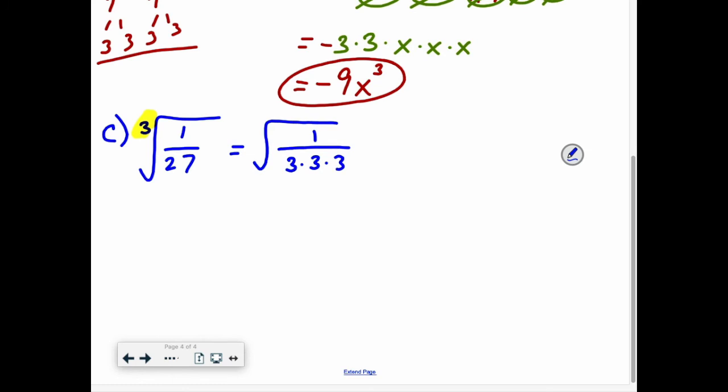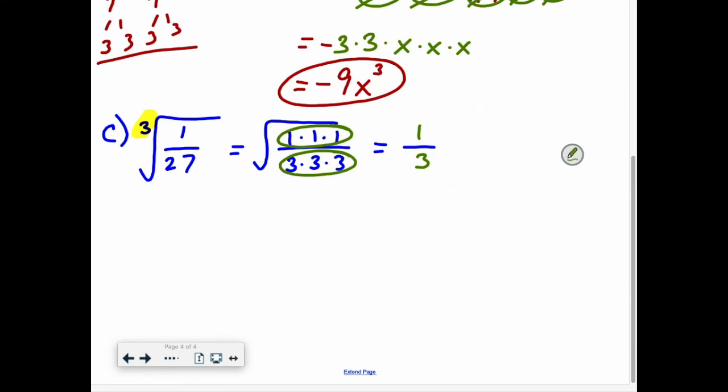Now, we know what the cube root of 1 is. Technically, I can make this 1 times 1 times 1. So I got a group of 3. I have a second group of 3, which means my numerator comes out, my denominator comes out, and I have nothing left under this radical, so I can just get rid of it.